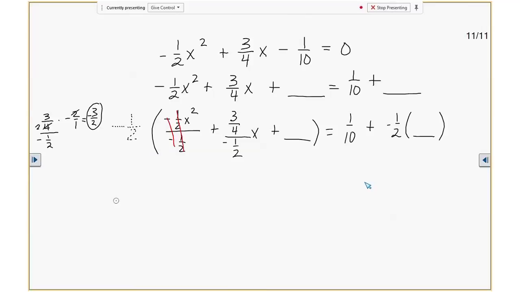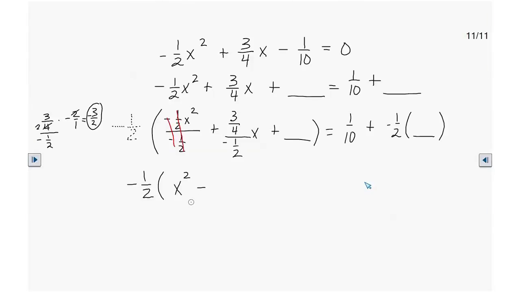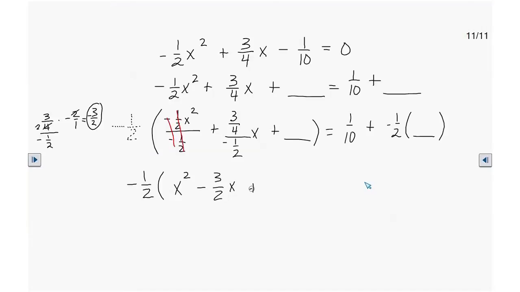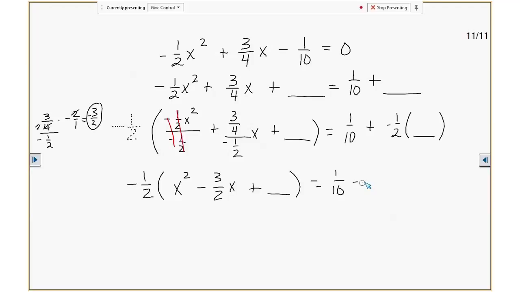Now I can change this to a -1/2 x squared minus what? 3/2 x plus blank is equal to 1/10 minus 1/2 blank.